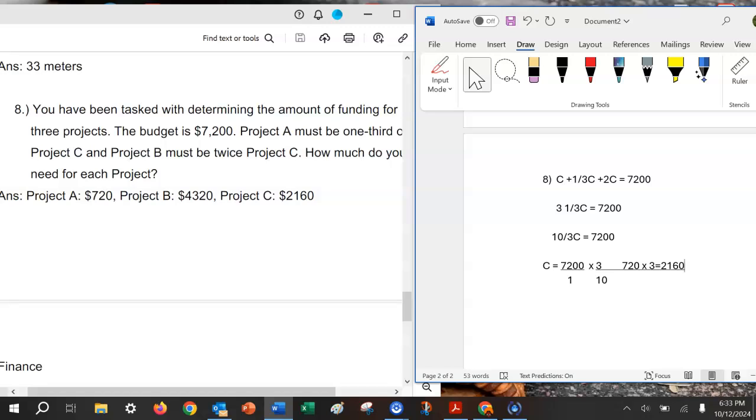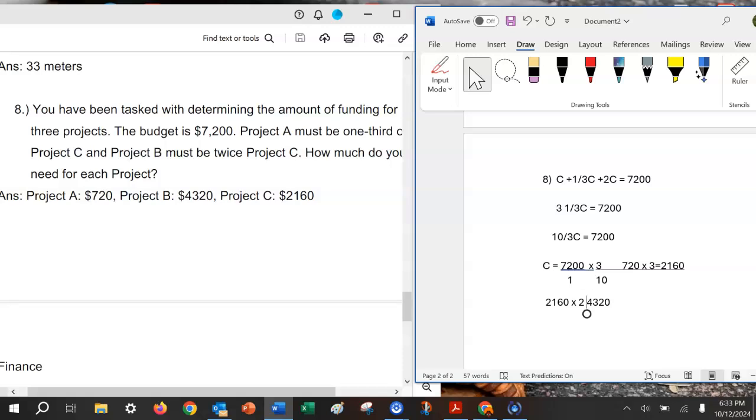Project B is twice that. So for Project B, I just do 2160 times 2, and I still got it in my calculator. Gives me 4320.